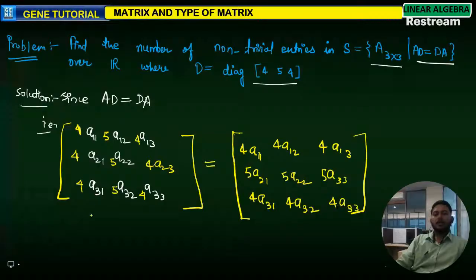These interchange their diagonal entries, so it also comes in the format of 4, 5, 4 type diagonal entries.